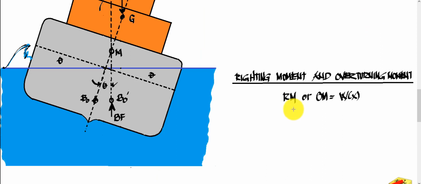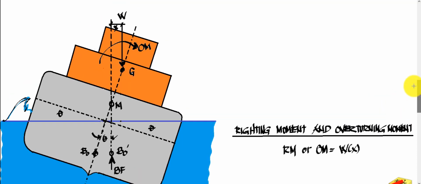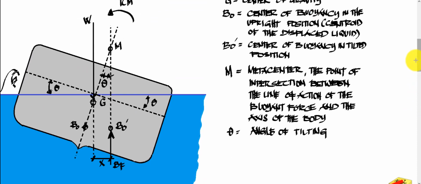That will be equal to the moment of the weight times the X, this one. So it's the same also on this one. We have your X multiplied by the weight. So we have your moment here, the overturning.